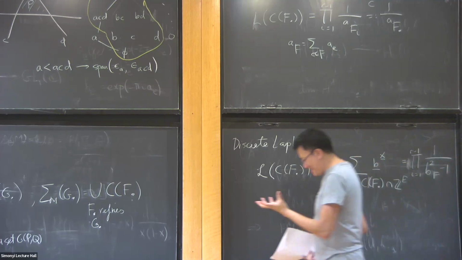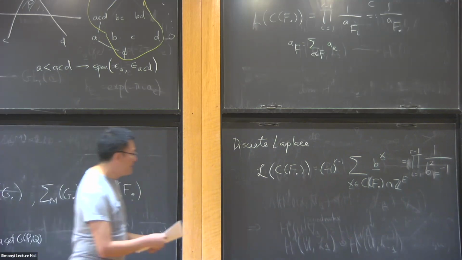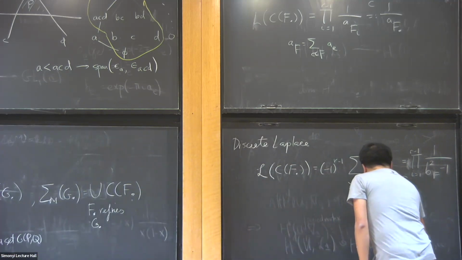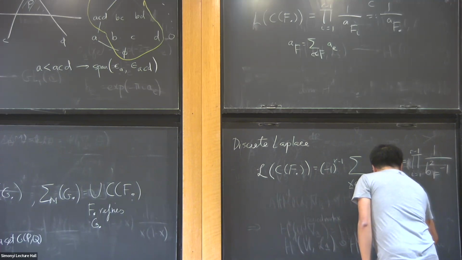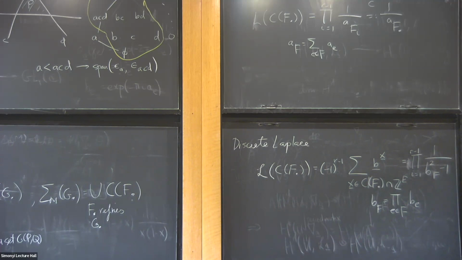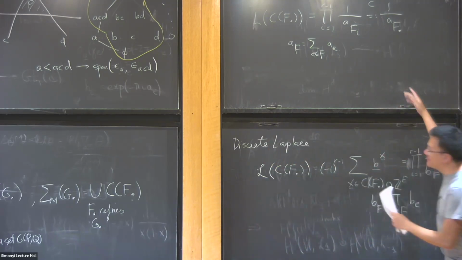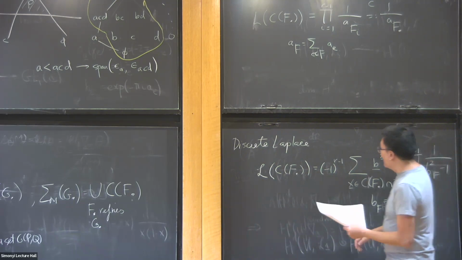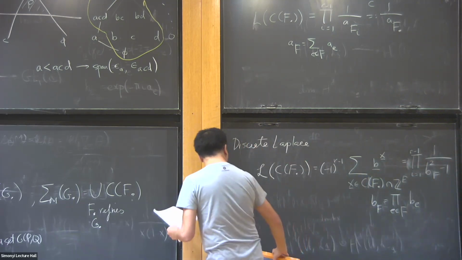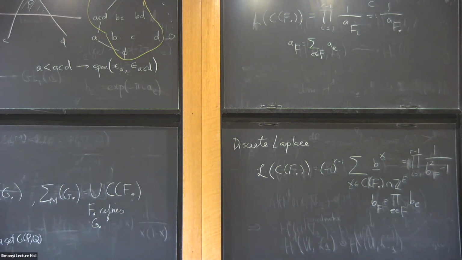And here BF is the product of all things in the flat of these. Yeah. And both of these are really easy. There's nothing hard about either of these. Great.